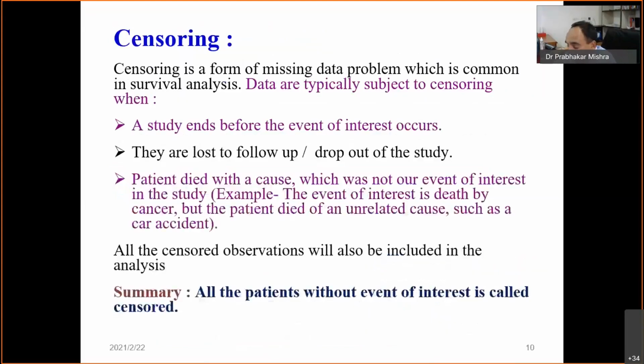Now censoring. As I told you, all patients without the event of interest are called censored. So other than the event, all the patients who do not experience the event are commonly called censored cases.